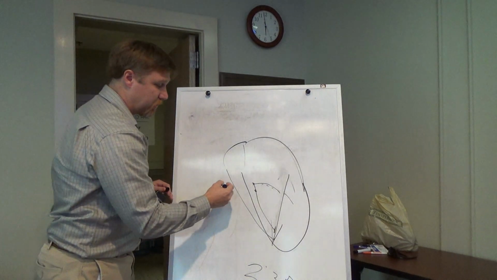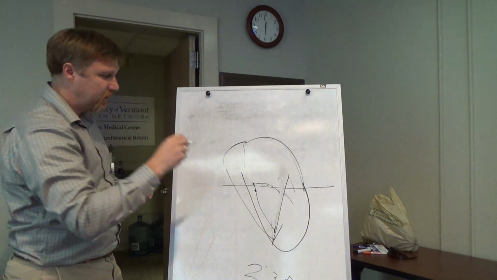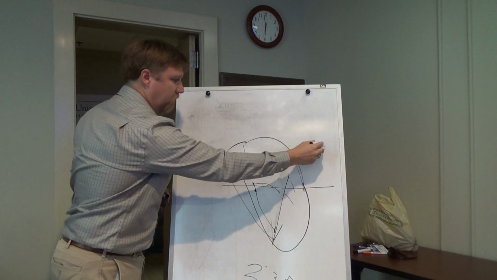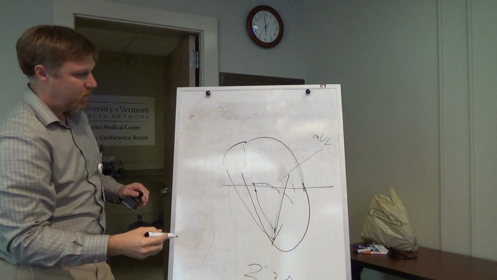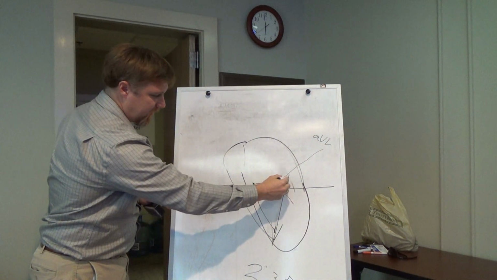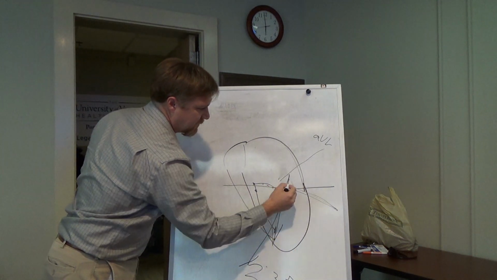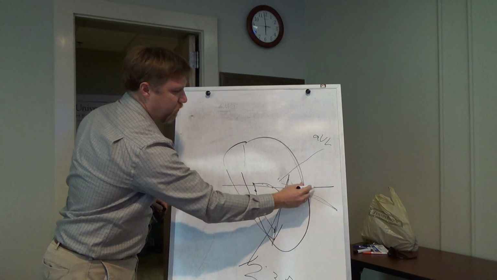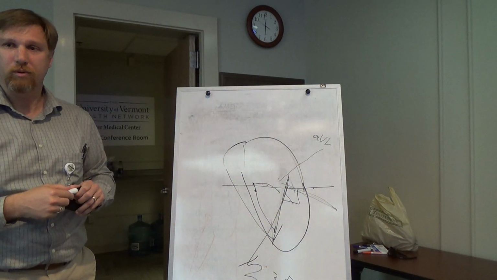So here's the cool thing, though. Lead AVL is here. And since we're going to get it actually in this direction, that's more than 90 degrees, I'm just telling you that, from 1 and AVL, they're going to be negative because it's going downward.